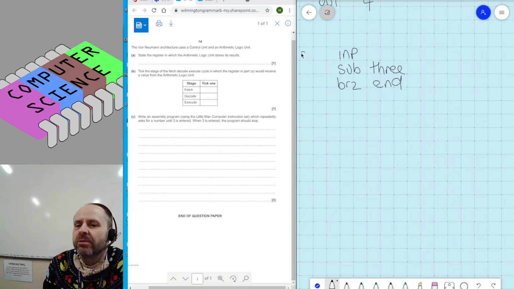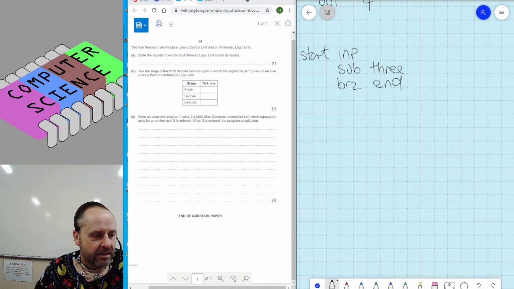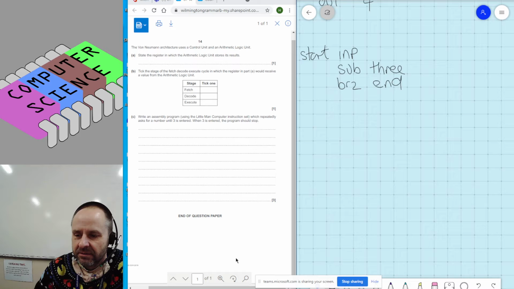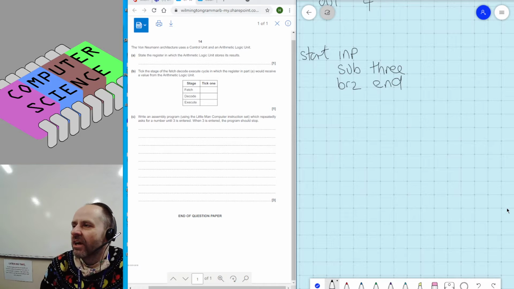Oh, I haven't put a label there, have I? Did you have that as start? Right, so I had to start with a label at the start.